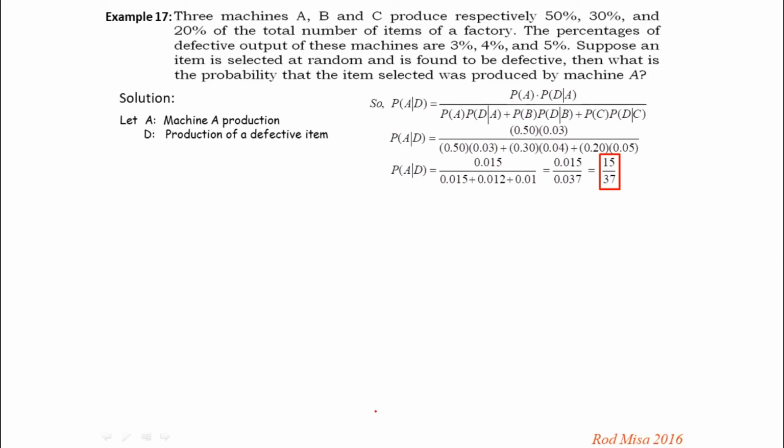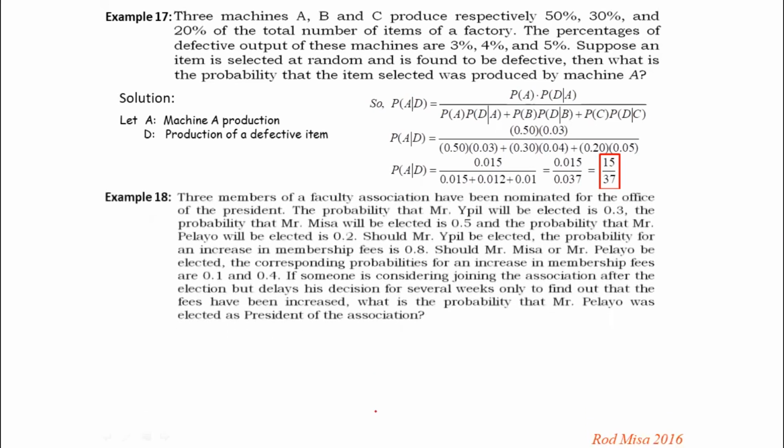Now here, let's apply again the Bayes rule to our previous example, which is example 16 in the previous slide. Three members of a faculty association have been nominated for the office of the president. The probability that Mr. Ipel will be elected is 30%. The probability that Mr. Misa will be elected is 50%.